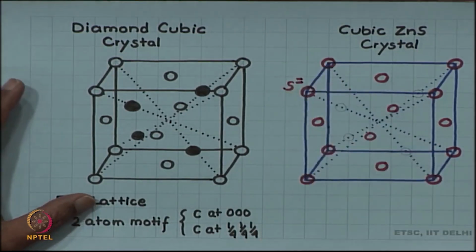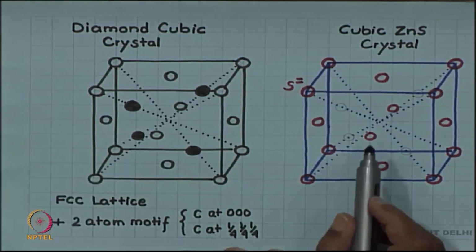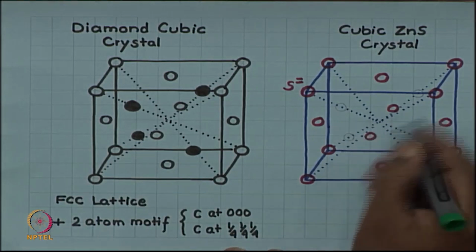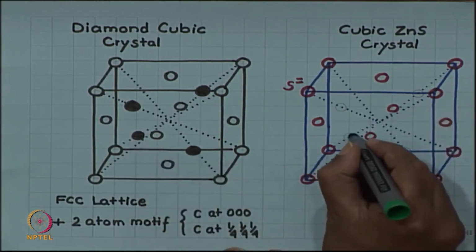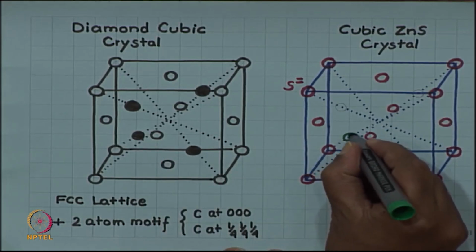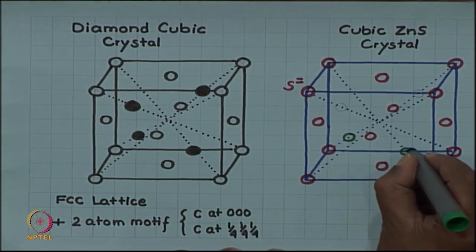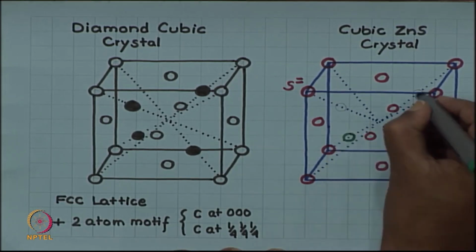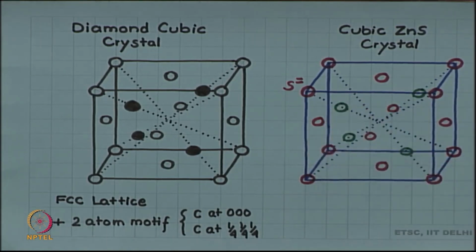The zinc ions are located exactly on the body diagonals, just like in the case of diamond. On 2 body diagonals, they are 1/4 up from the bottom. On the other 2 body diagonals, they are 3/4 up from the bottom.